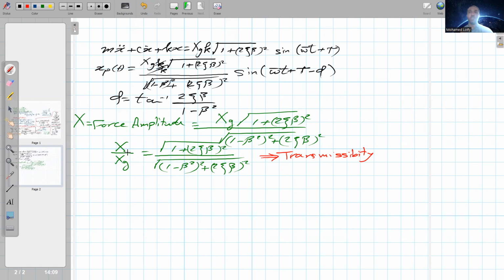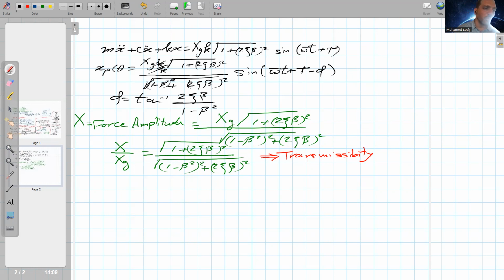Your mass may be a machine in your factory or any instrument that you are supporting on a panel or a board or something like that. So you have to design your suspension system such that this quantity is less than 1. So what will we do? We have to plot this. How to plot it, when you have two variables, zeta and beta? In this case, we want to fix one parameter and change the other.